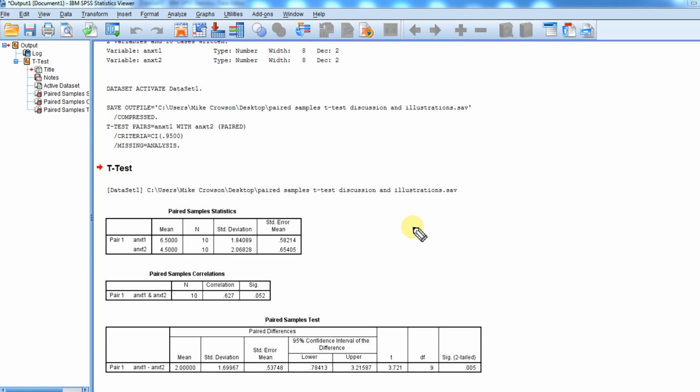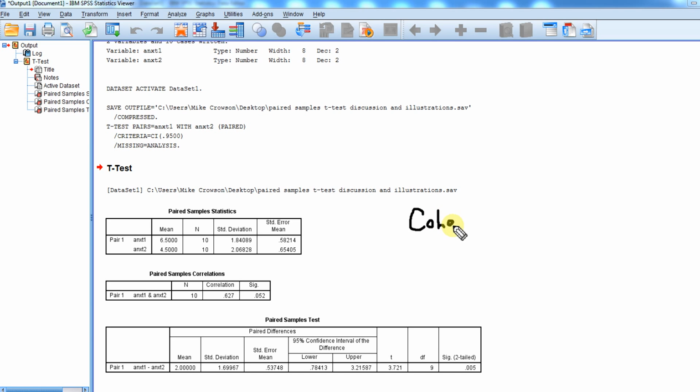Effect size is calculated in order to judge whether we're talking about a small, medium, or large difference in means. It becomes really difficult, just looking at the means visually, to judge what constitutes a large difference or a small difference. So I'm going to talk to you briefly about Cohen's d.